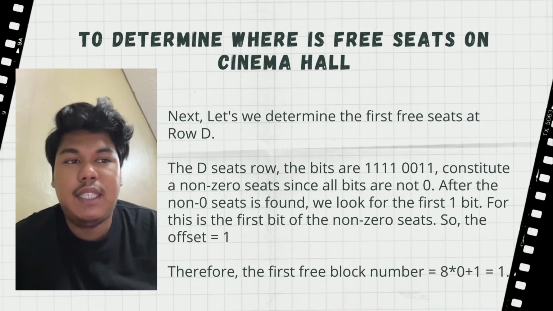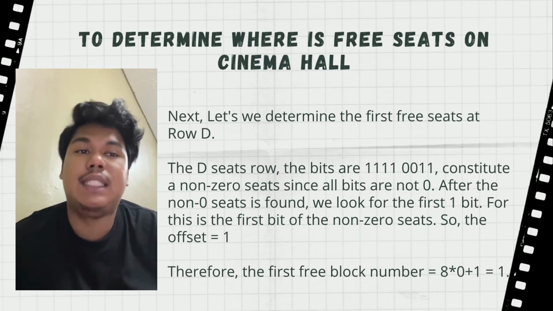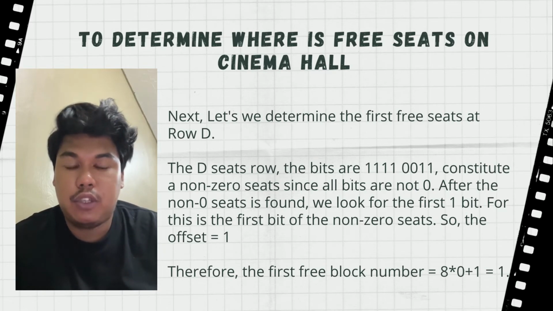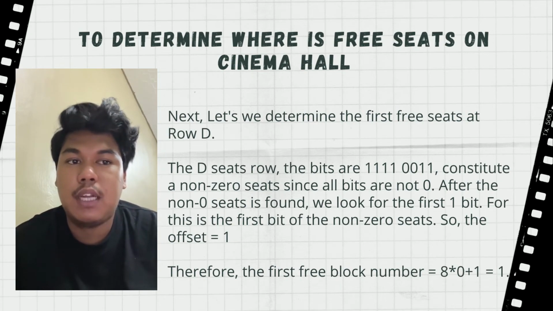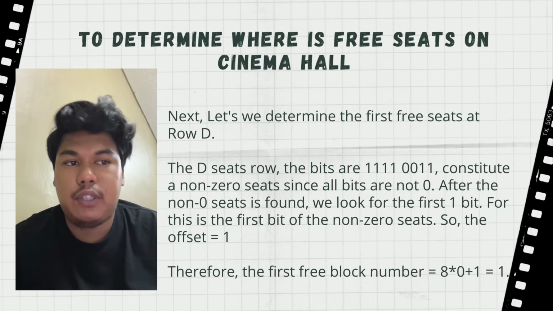Next, let's determine the first free seat in row D. We use the same calculation formula as before. In the D seats row, the bits are 1, 1, 1, 1, 0, 0, 1, 1, which constitutes a non-zero word as well. After the non-zero word is found, we look for the first 1 bit.